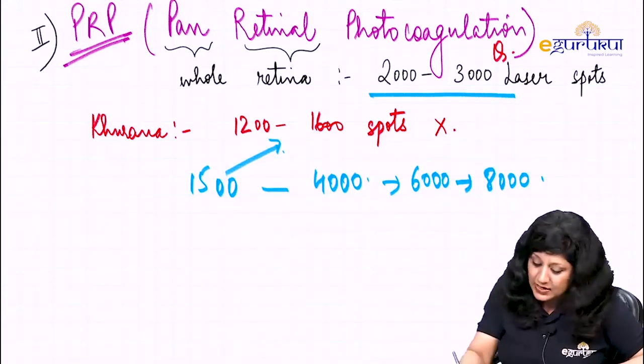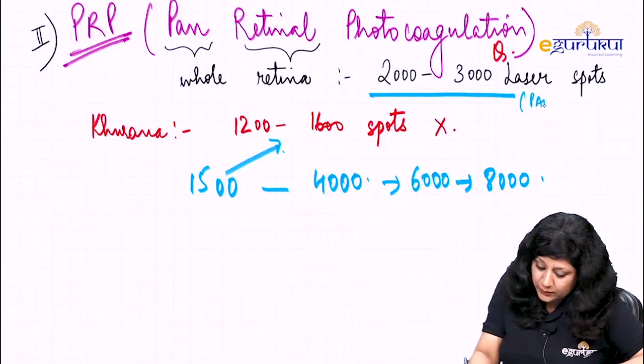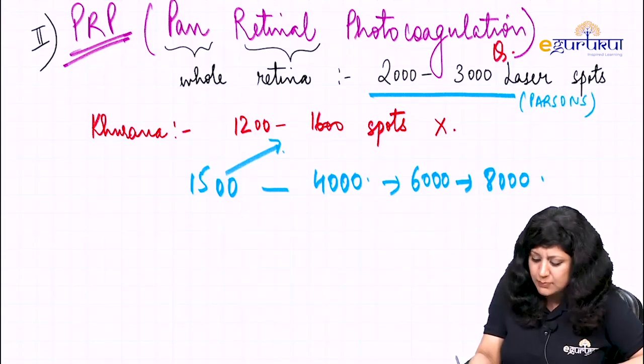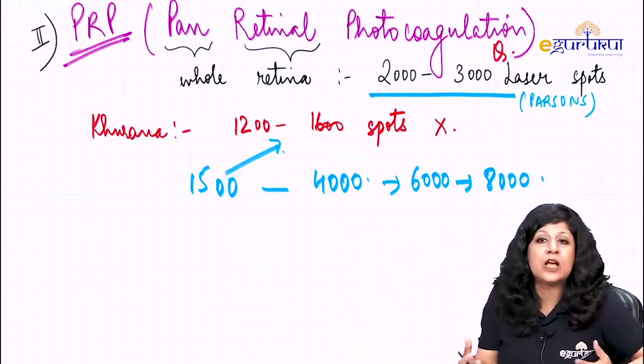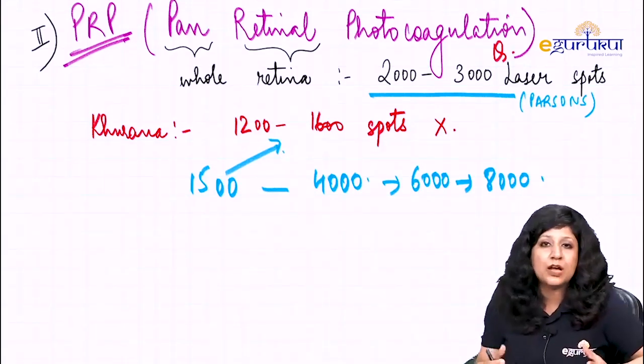That is why I have chosen this value from Parsons, which is more logical: you require at least 2000 to 3000 laser spots to cover the whole retina.